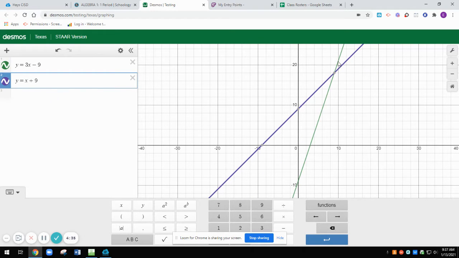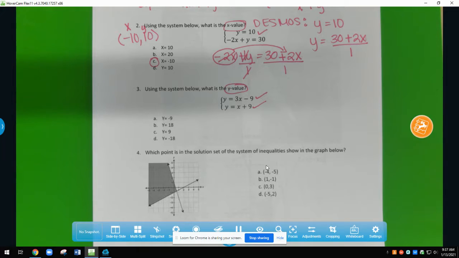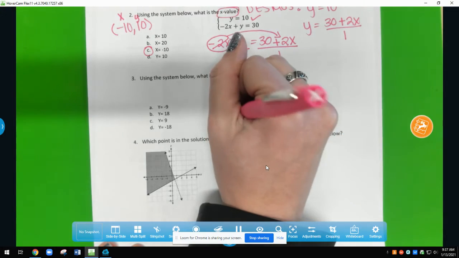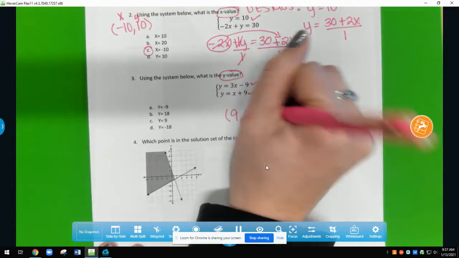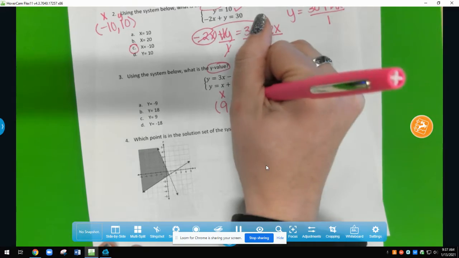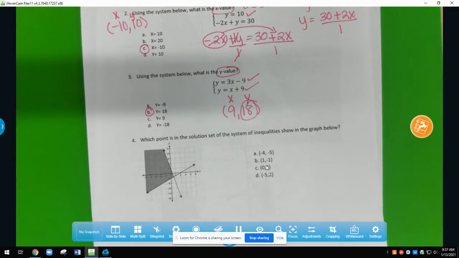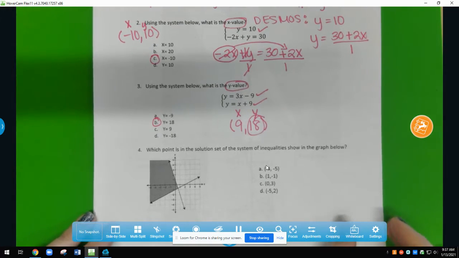I'm going to click where they cross. So they cross at 9, 18. I'm going to label them x and y. I only need the y value. So y equals 18. So our answer choice should be B.